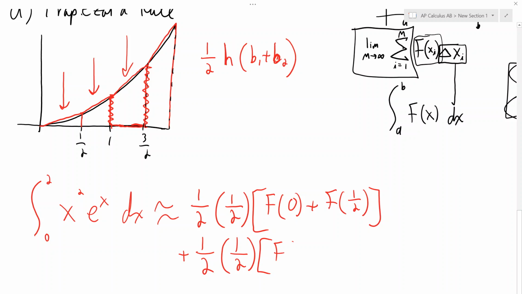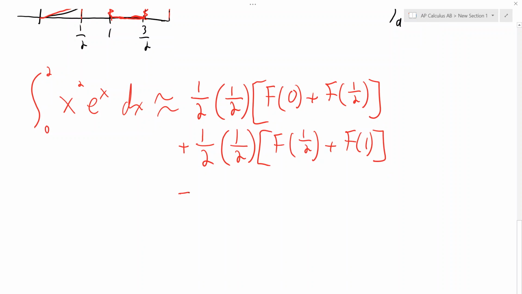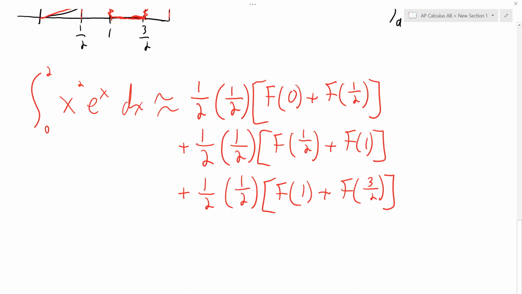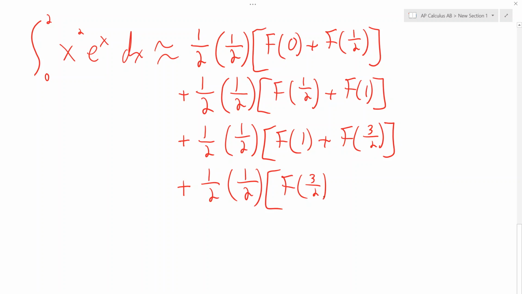The first base is f of 1/2, and the second base is f of 1. And we're going to get 4 of these because there's 4 trapezoids. Plus 1/2 times a half times f of 1 plus f of 3/2. And then the last one, 1/2 times a half times f of 2.